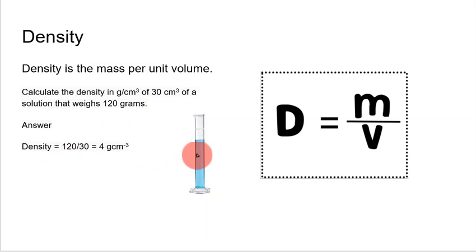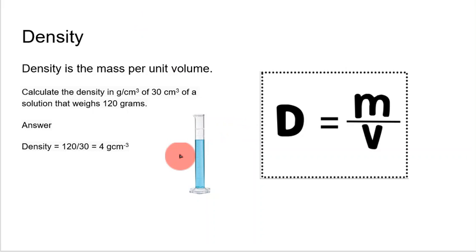Therefore, the density of this particular volume of liquid is 4 grams for every cubic centimeter or every mil. So 4 grams per mil. That's the density of it. Really what density is, it's the amount of mass that's compressed or compacted into a specific volume.